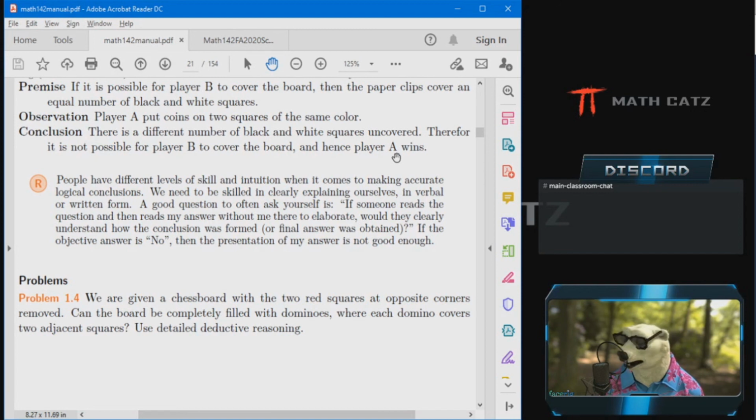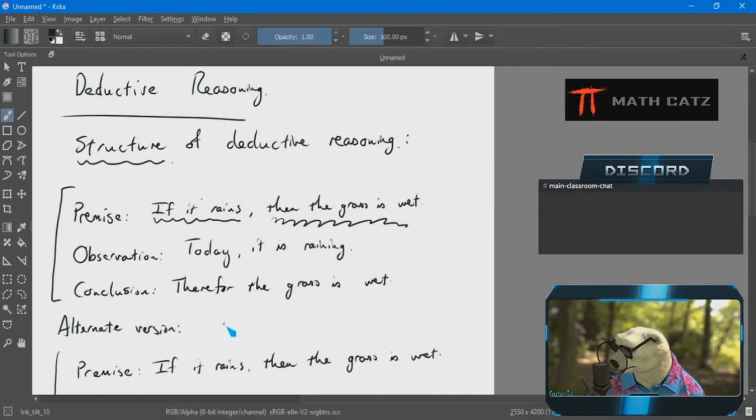That is the second part of the premise failing. Therefore, it's impossible for B to cover the board. Do we at least sort of see how this matches the alternate version of the rain grass format?